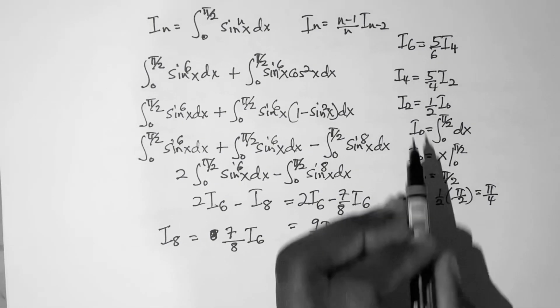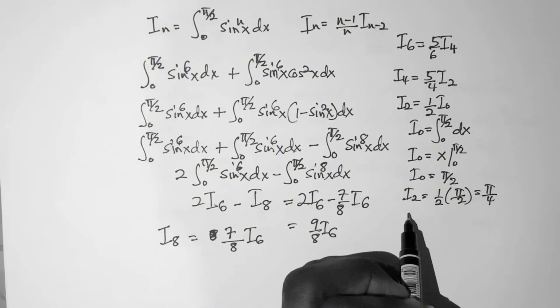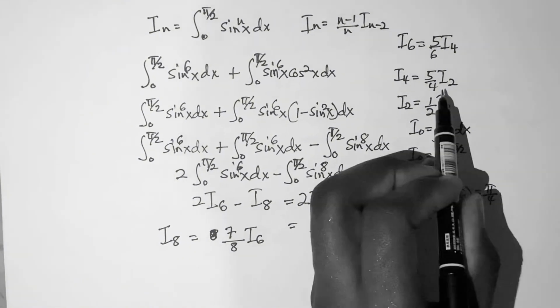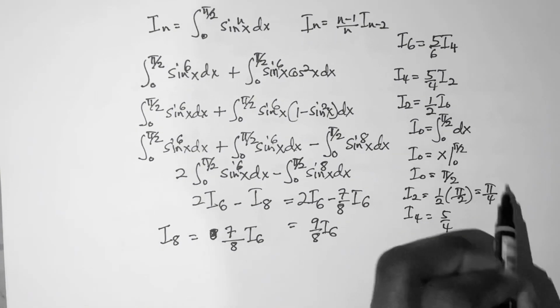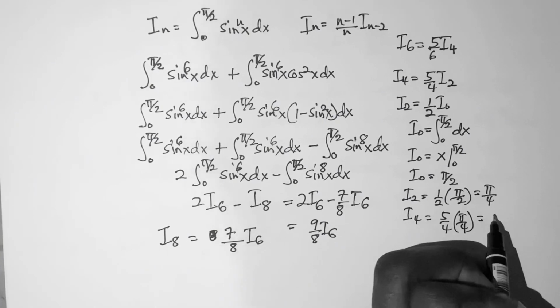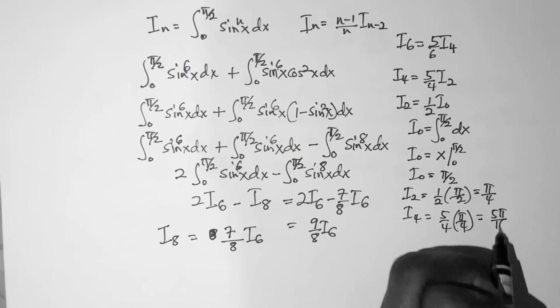And then now we can find I_4. So I_4 is equal to 3/4 times I_2, and I_2 is pi/4, so this is equal to 3 pi/16. So having found I_4, we can find I_6. So I_6 is equal to 5/6 times 3 pi/16, and this is equal to 5 pi/32.